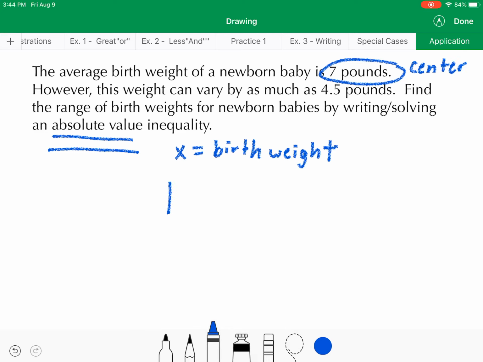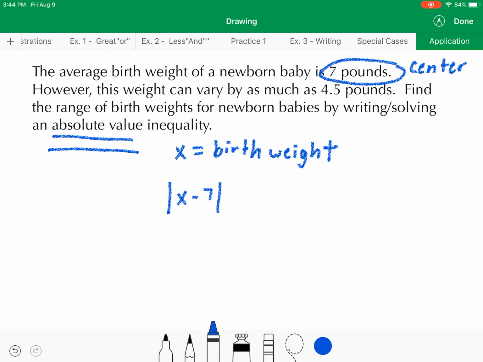So we know that in terms of an absolute value inequality, I would have to have the absolute value of x minus 7, okay? And it says the weights can vary by as much as 4.5 pounds. So that means you can go up to 4.5 pounds in either direction, but not further, right?